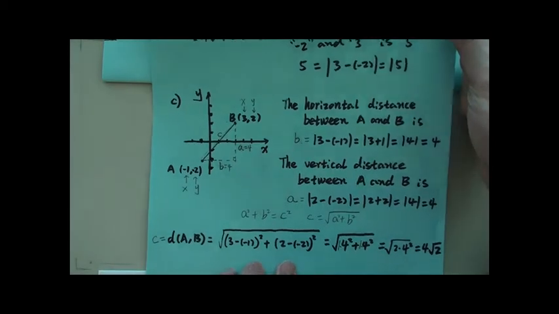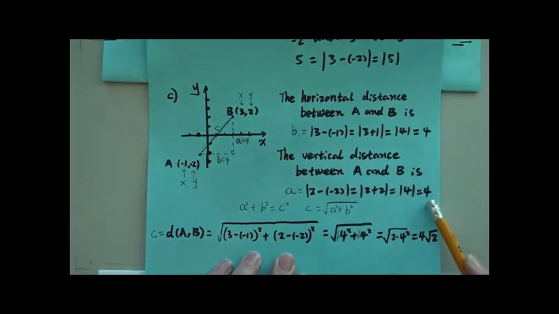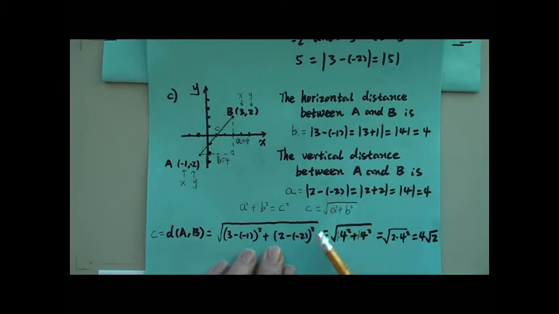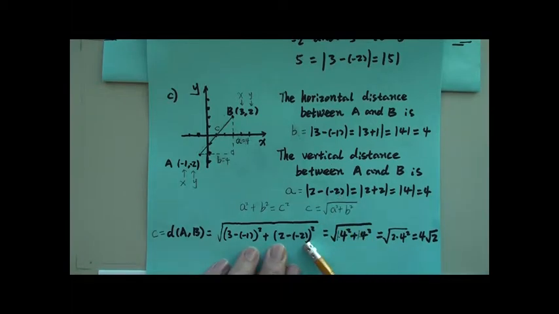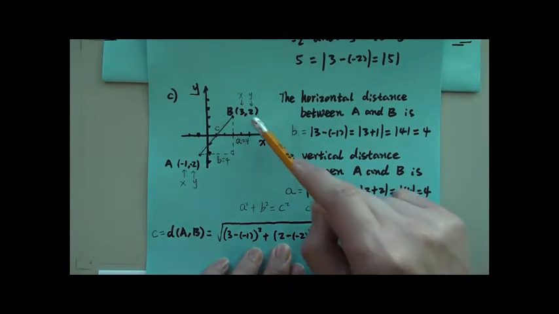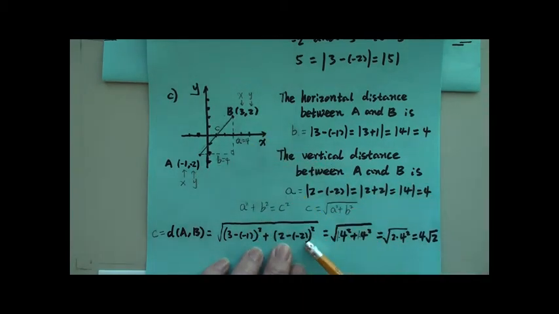A squared we know is 4, and if you write the original expression, that's 2 minus negative 2. You may put it here. That's actually 4 squared.